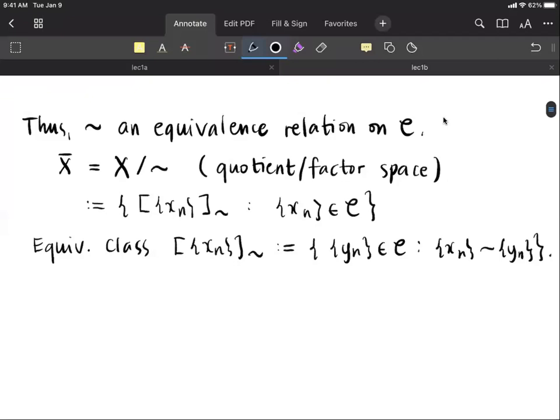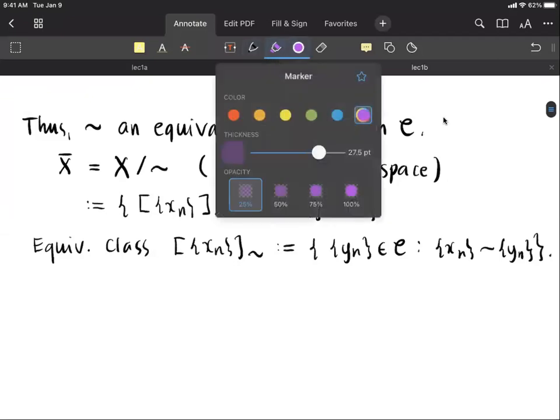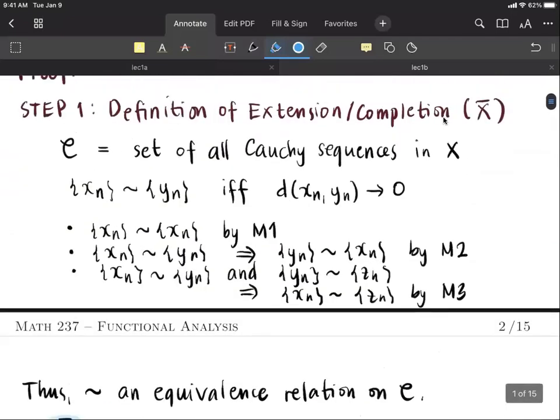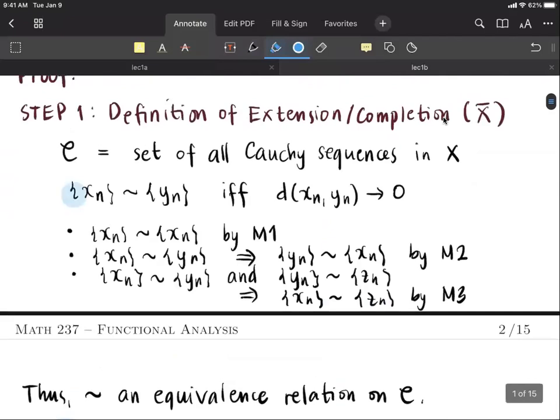Okay. So this will be the definition of our completion. It is the equivalence classes of Cauchy sequences with respect to the relation defined in this manner.